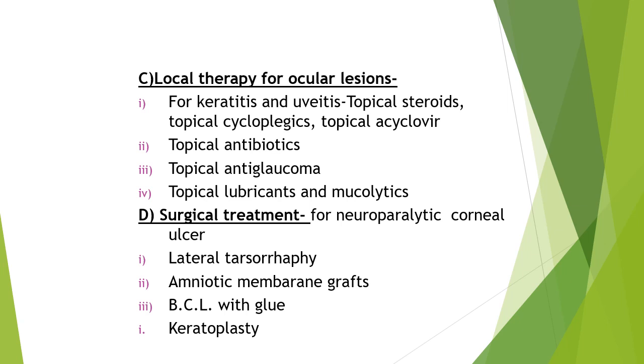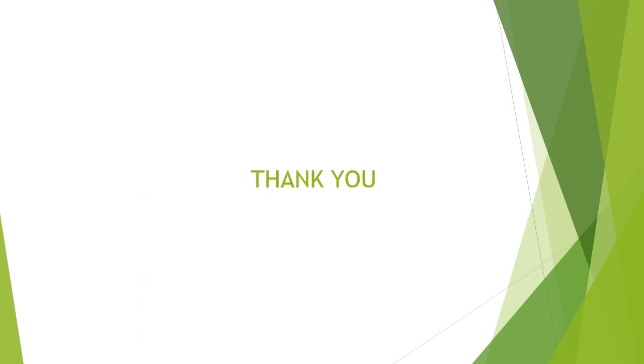Local therapy like anti-glaucoma drugs, topical antibiotics, lubricants, and mucolytics is a must. Surgical treatment in neuroparalytic ulcer is lateral tarsorrhaphy; for non-healing ulcers, amniotic membrane grafts, or bandage contact lens with glue, and lastly, keratoplasty.